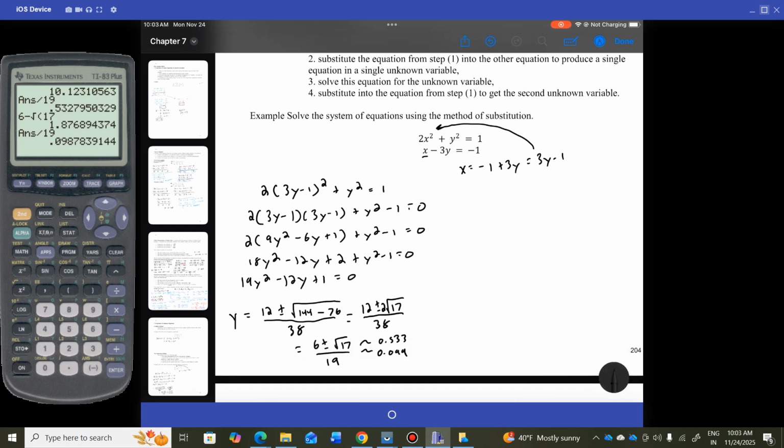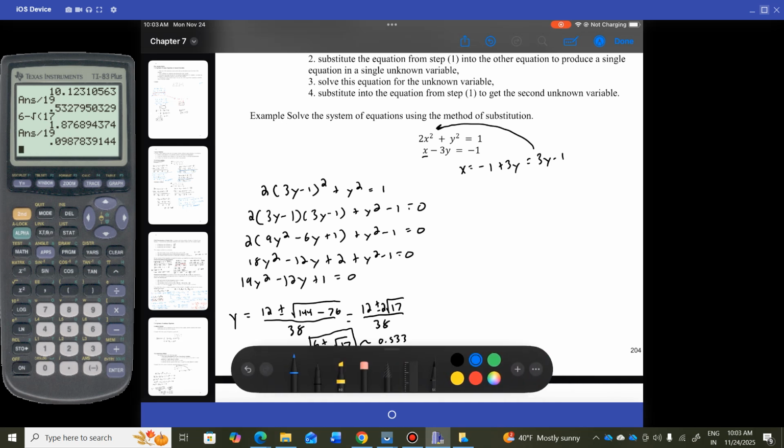So I can plug these in for y and get an x value. To do the exact, I would have to plug in the exact value for it. So I'm going to start with the exact to get the x values.